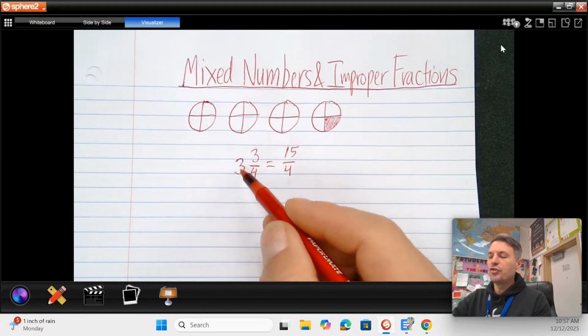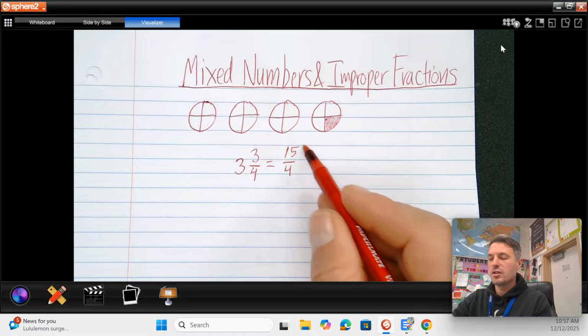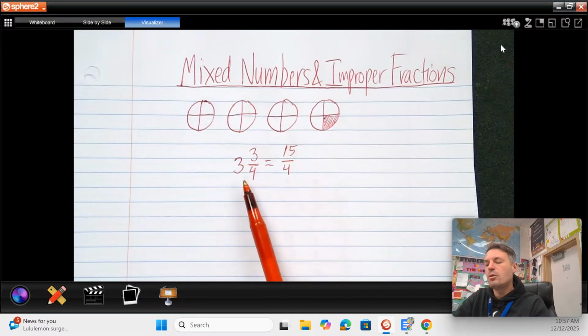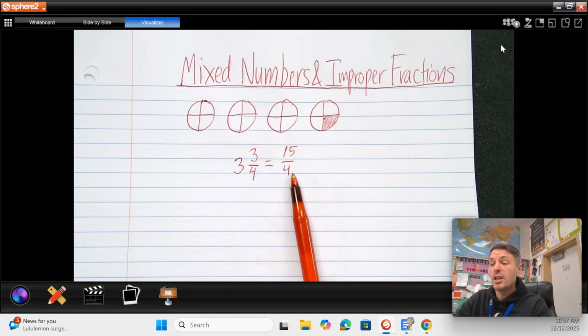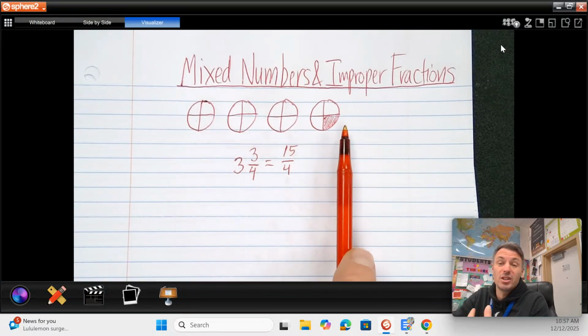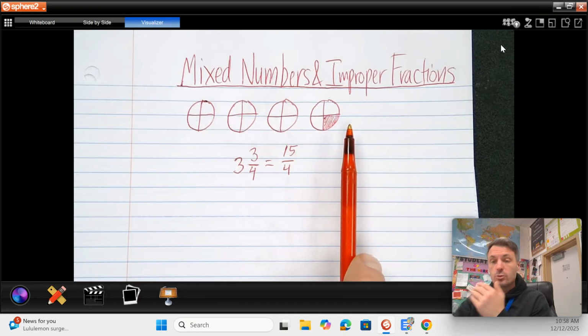But how would you go from 3 and 3/4 to 15 fourths? In other words, how would you change a mixed number into an improper fraction if there was no picture and you couldn't just count the fourths? Well, here's what you do.